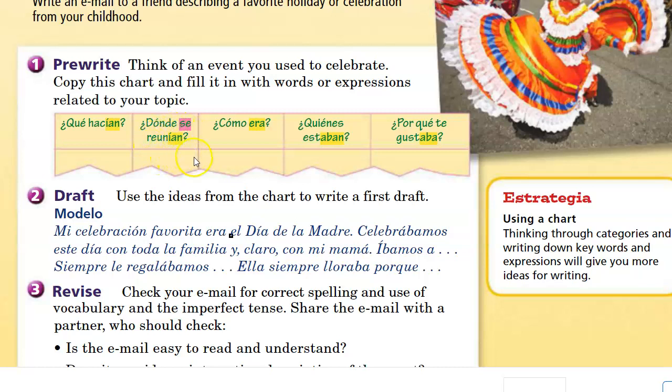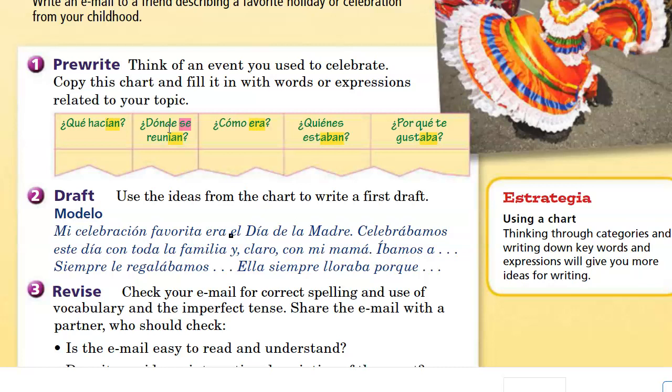Nosotros nos reuníamos. ¿Dónde? Where? Nosotros nos reuníamos en mi casa. En la casa de mis primos. En la casa de mis padres.